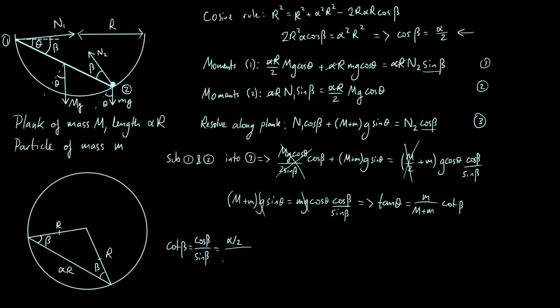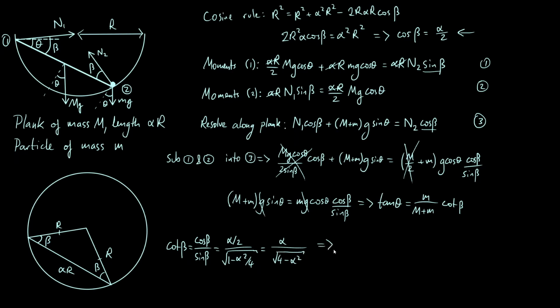So sine beta is the square root of 1 minus cos squared beta, or in other words, just the square root of 1 minus alpha squared over 4. Okay, so we can also take this factor of 2 from the top and put it on the denominator to make this look slightly nicer. That comes out to be alpha over the square root of 4 minus alpha squared, okay?